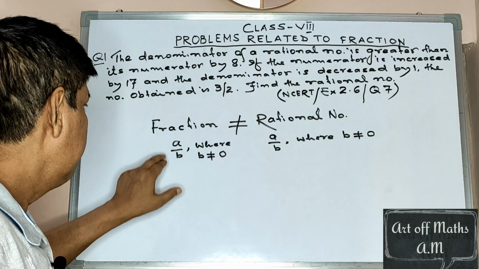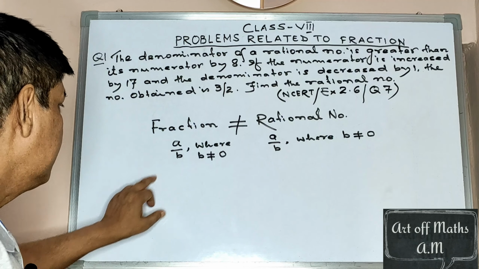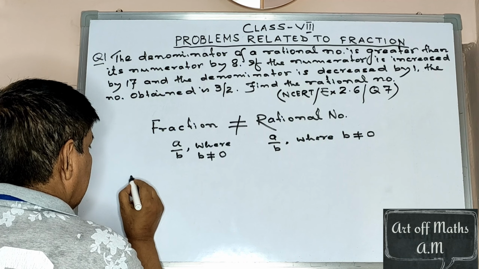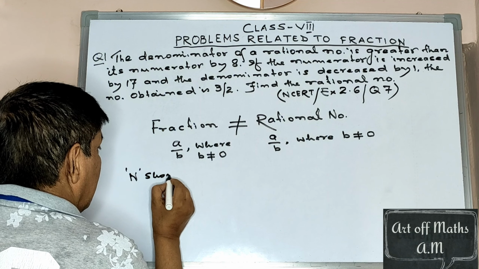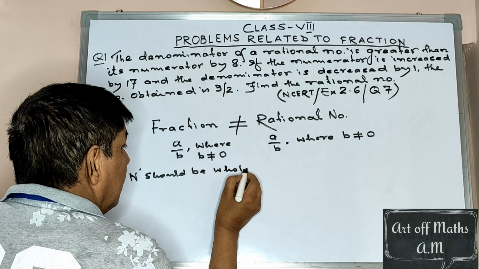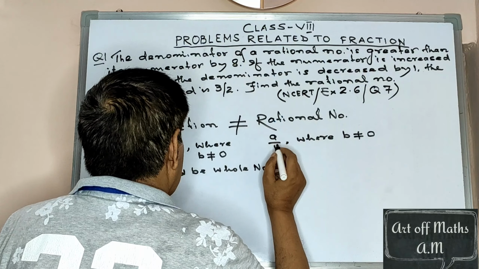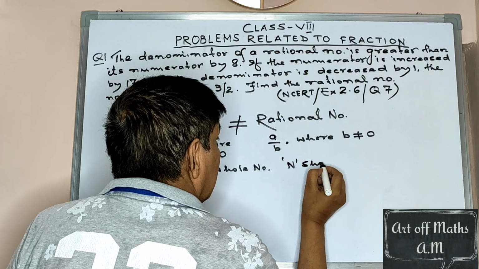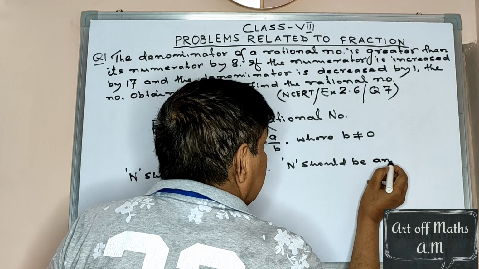Now, in case of fraction, numerator should be whole number. In case of rational number, numerator should be an integer.